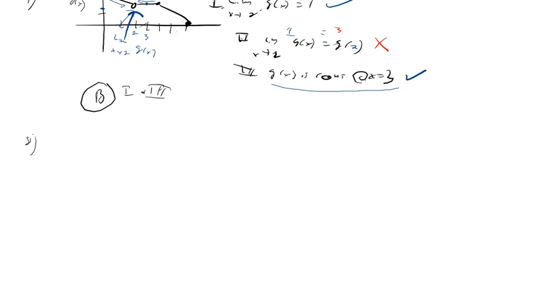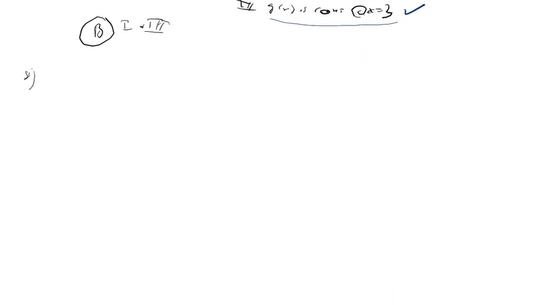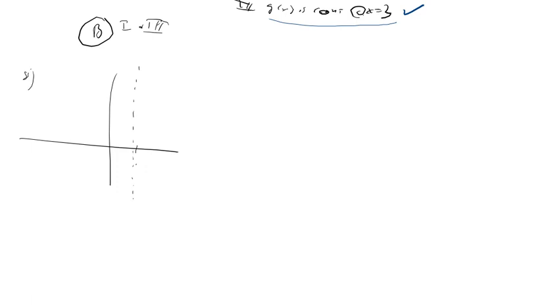Let's look at number 8. Number 8 says, we have another graph here. And at 1, we have a vertical asymptote. At 1. And then we have 2, 3, 4, 5. 1, 2, 3. Graph starts here.